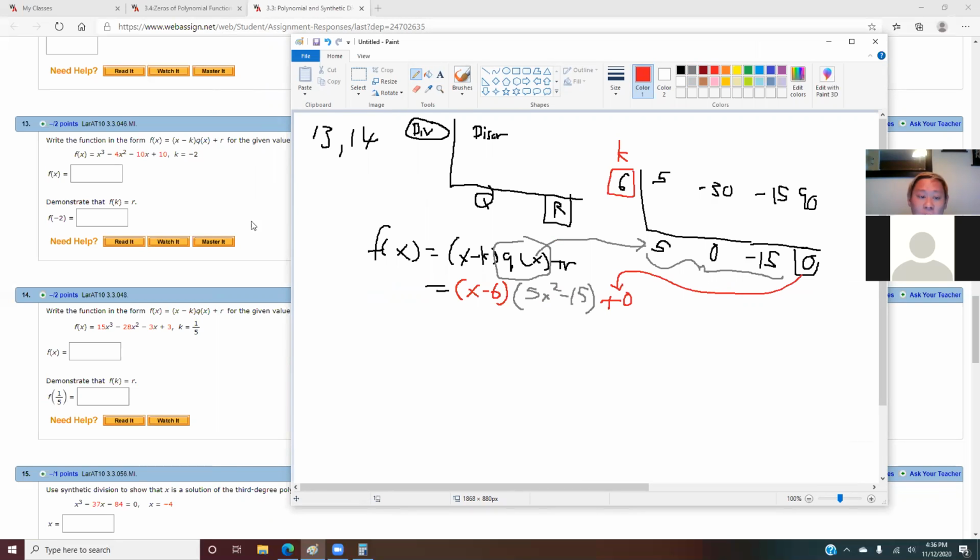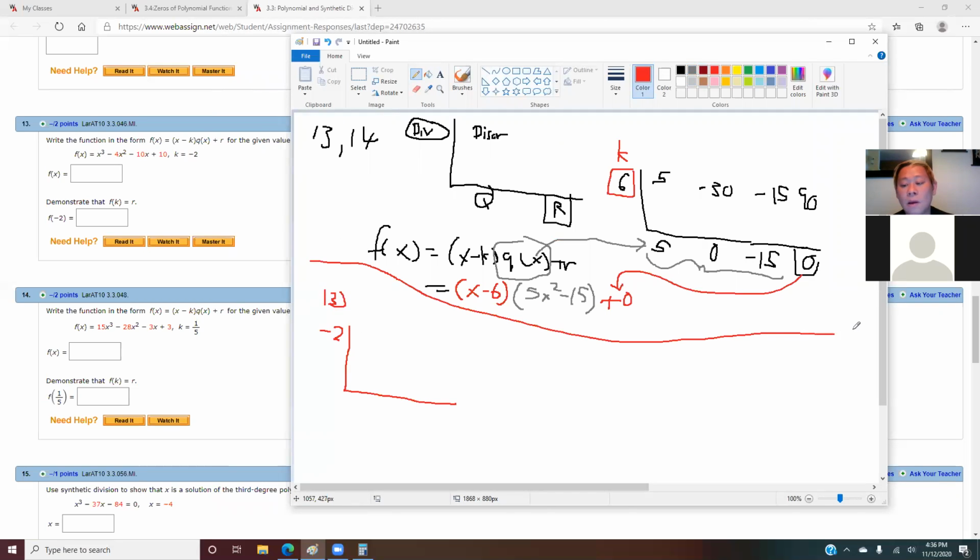So this is how you figure out this form for question 13 and 14. For your case, Karishma, I want you to use synthetic division on -2 for this function, for question 13. Go ahead and do it.